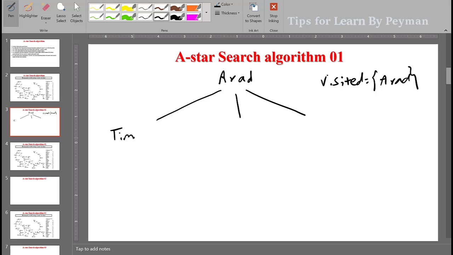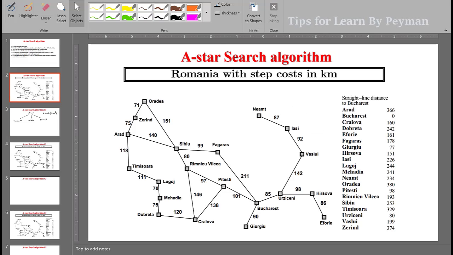One of them is Timisoara, one of them is Sibiu, and another is Zerind. So let's check the values. The value between Arad and Timisoara is 118, between Arad and Sibiu is 140, and between Arad and Zerind is 75.